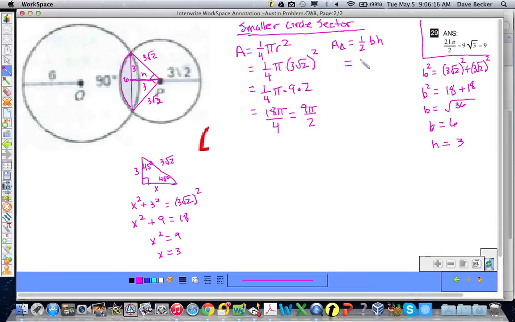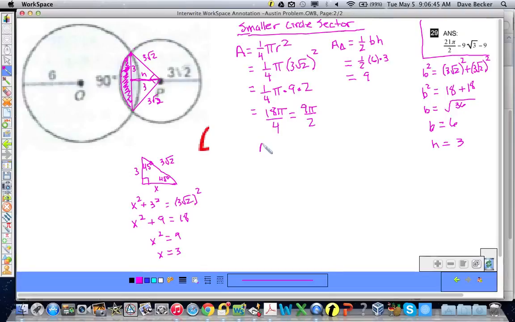So the area of this triangle is going to be 1/2 the base, which is 6, times the height, which is 3. 1/2 times 6 is 3. 3 times 3 is 9. Okay. So again, I'm just going to call this pink for now.